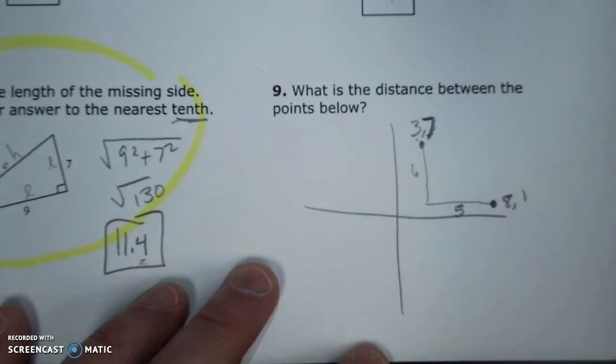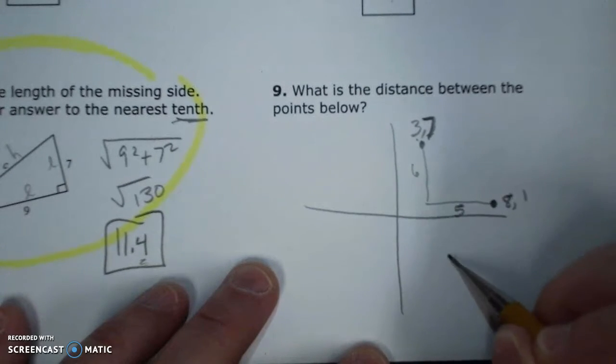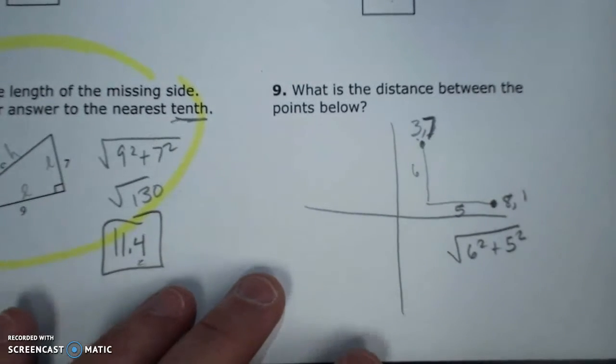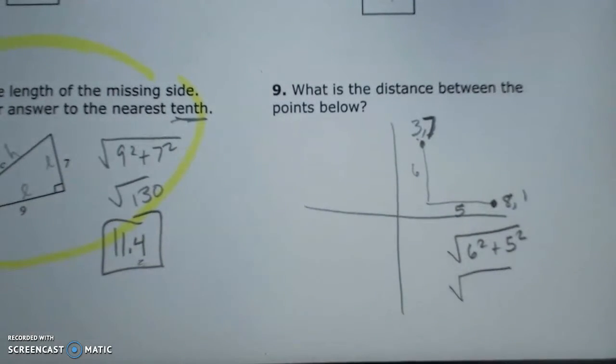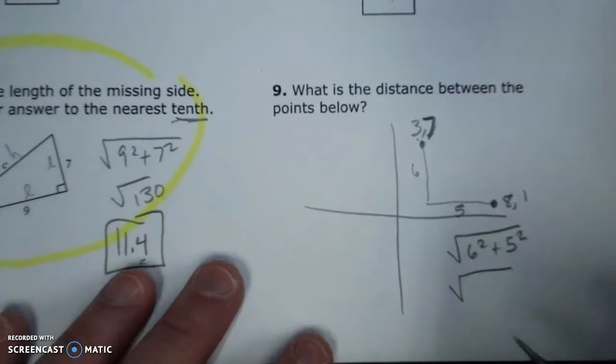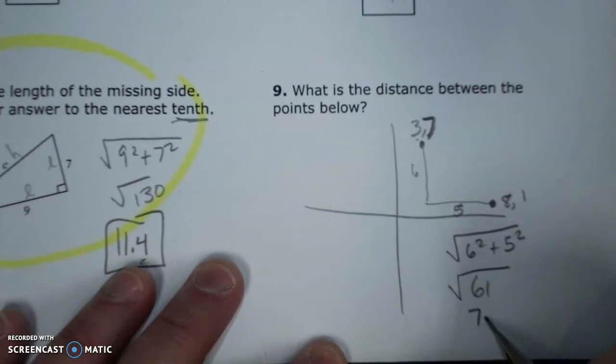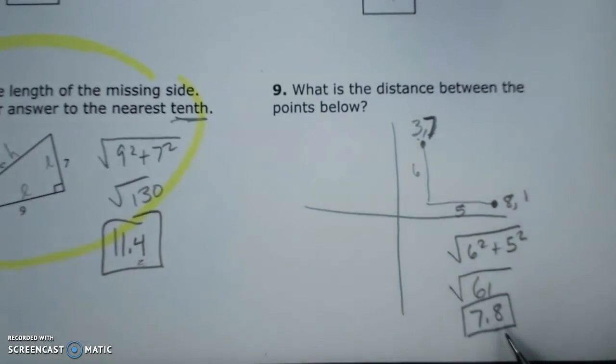So I have the sides of a right triangle as 6 squared and 5 squared, which is 61, and the square root of 61 is 7.8. And I rounded that to the nearest tenth. Continuing on.